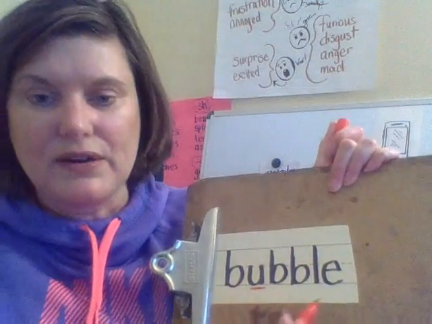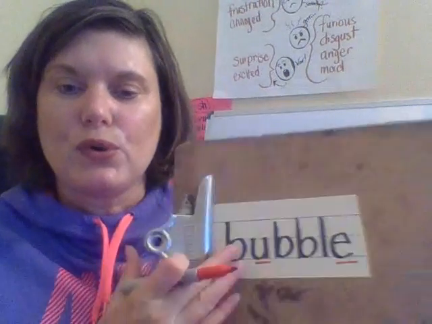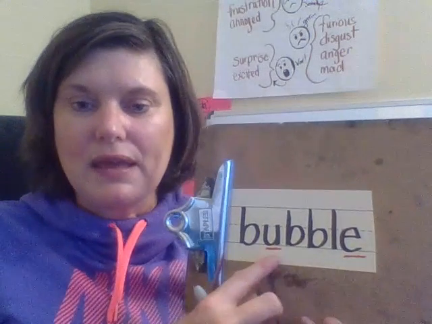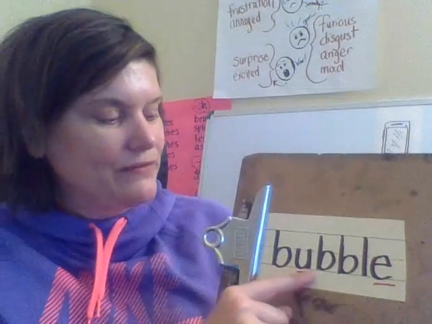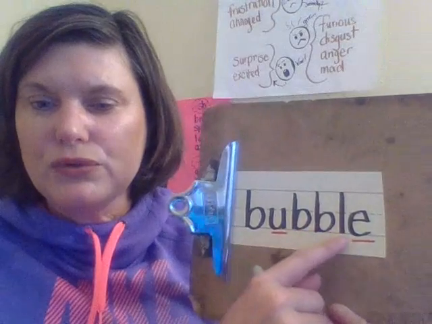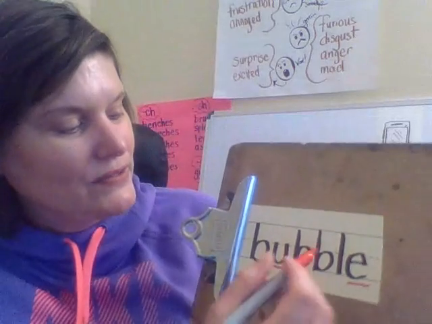So I've got a vowel here and I've got a vowel here, okay? And as long as the vowels are not together, working as a vowel team, we're going to divide them up. So when we have a vowel here, and then I have 1, 2, 3 consonants, we go ahead and divide those consonants.